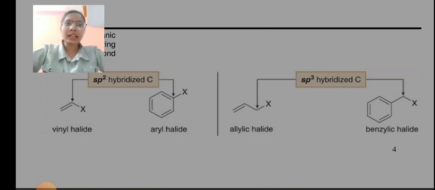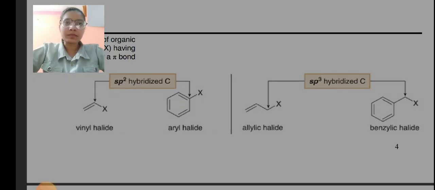And an aryl halide: here is a benzene ring and X is directly connected to it. Now sp3 hybridized carbon. Allylic halide: here X is connected to the carbon which is adjacent to a carbon double bond carbon. And in the next, X is connected to the carbon which is adjacent to the benzene ring carbon.